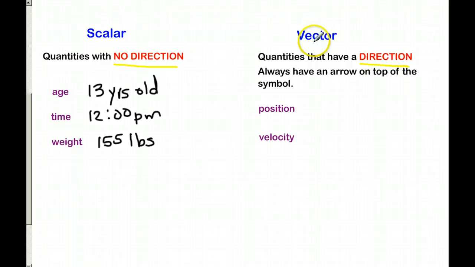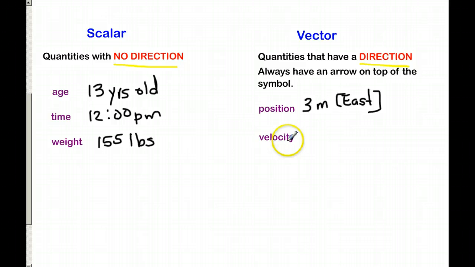Vectors, on the other hand, always have a direction associated with them. So if you're talking about your position, maybe you are standing 3 meters east of some point. Or if we're talking about a velocity or speed, maybe you're traveling 20 meters per second in the west direction.